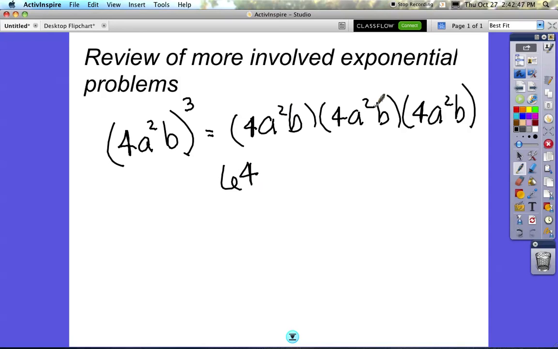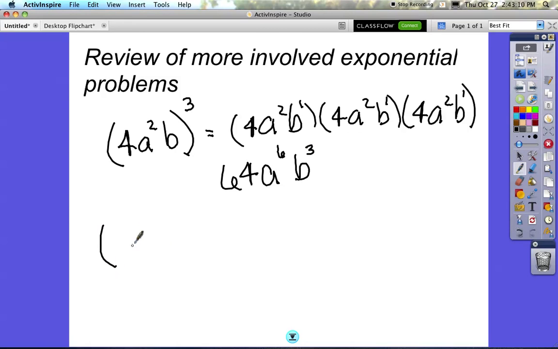A squared times A squared times A squared. When you multiply like bases, you add exponents. B times B times B. Don't forget, this is an assumed 1. So 1 plus 1 plus 1 is 3.